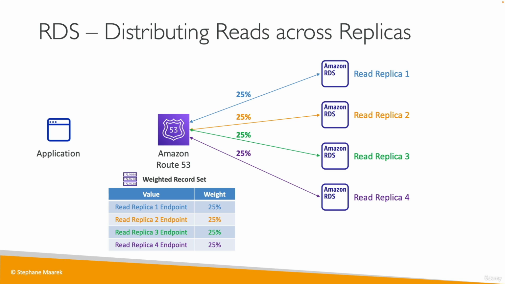If all your read replicas have the same specifications, then it's a good idea to set the same weight. We can also enable health checks within Amazon Route 53 so that if an RDS read replica is having issues, we don't include it in our record. Therefore, whenever an application makes a request to Route 53, and imagine we have 1,000 applications doing this, each of them is going to be spread 25% on each replica.